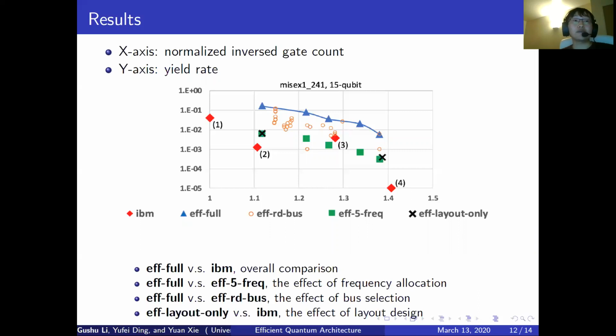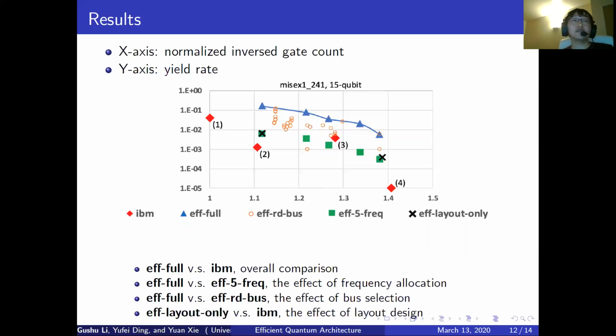There are several architectures with a trade-off between performance and yield in this data series, because we can select different numbers of Fokker devices here. We can see that with almost similar performance, our architectures are much simpler with significantly higher yield rates.